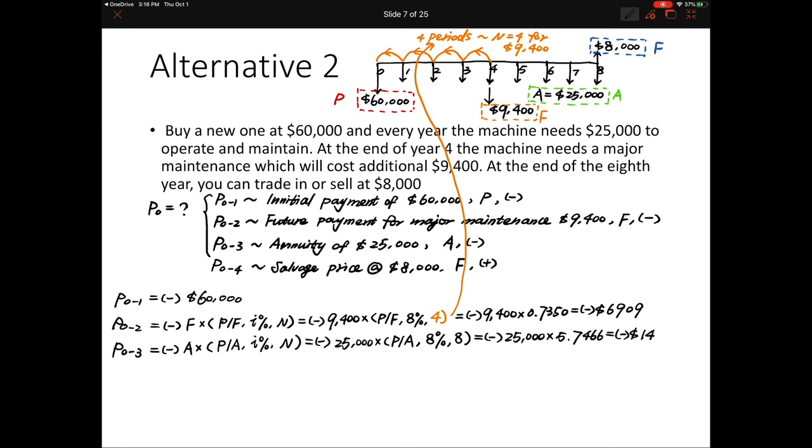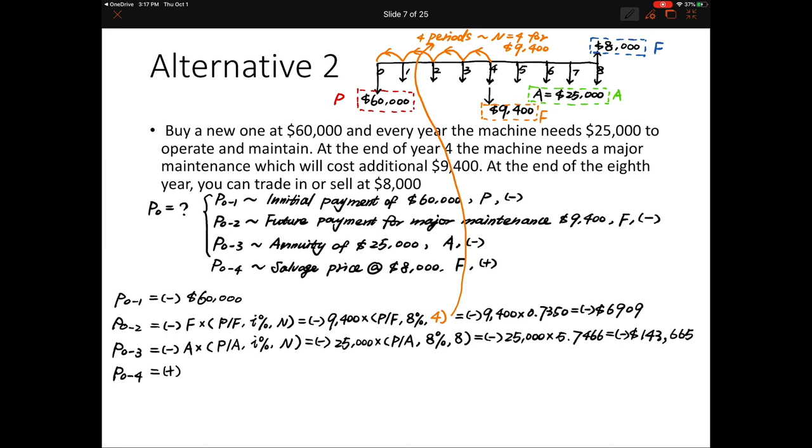So the final result is 143,665. Okay, the last part, P04.